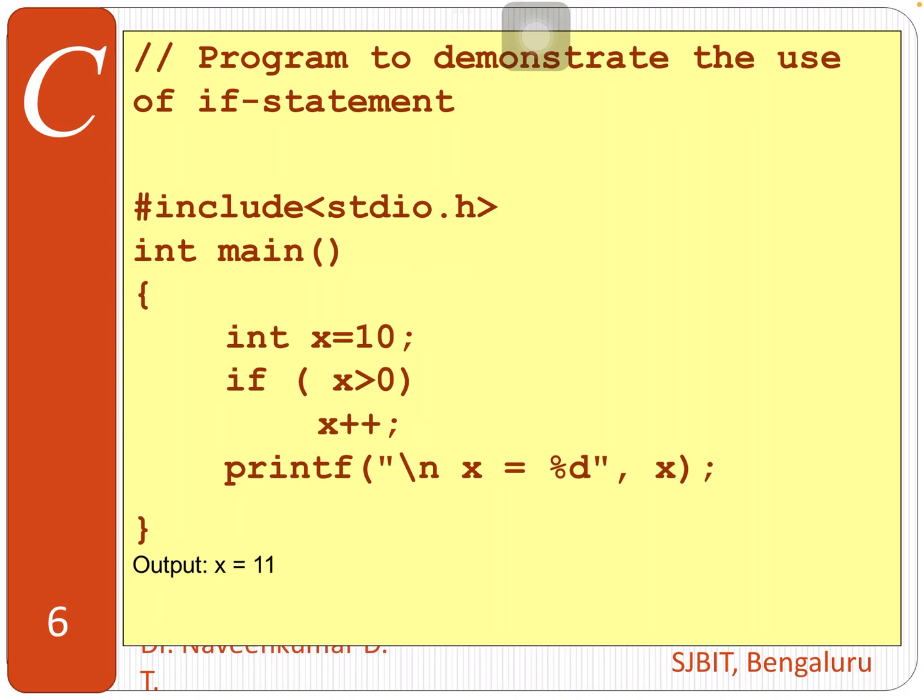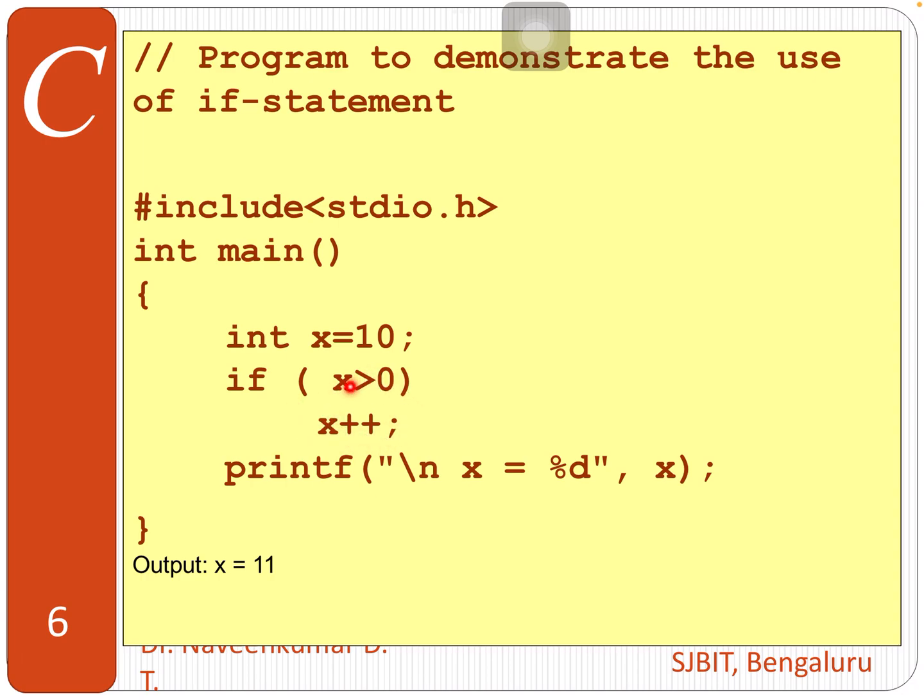This is one simple example to demonstrate the use of the if statement. You can see here I have declared x equal to 10 as an integer data type. Then, if x is greater than 0, it will enter this block. x is 10, which is greater than 0, therefore it is entering this block.